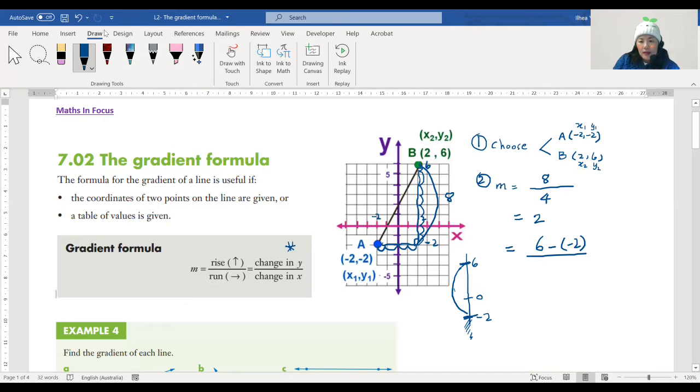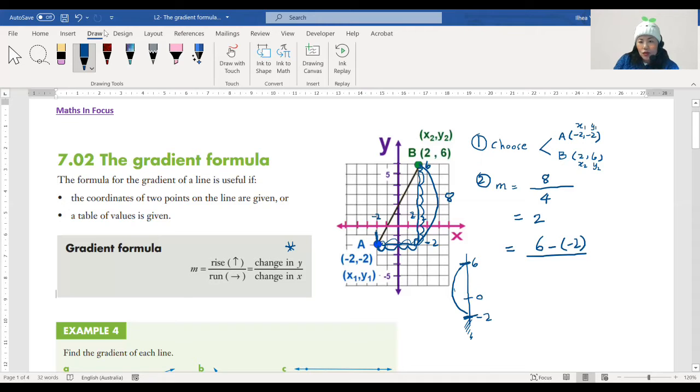And on the run part, it was minus 2 here and 2 here. Okay, so how do I know that's a 4? 1, 2, 3, 4 spaces. That means I will do the same as well.